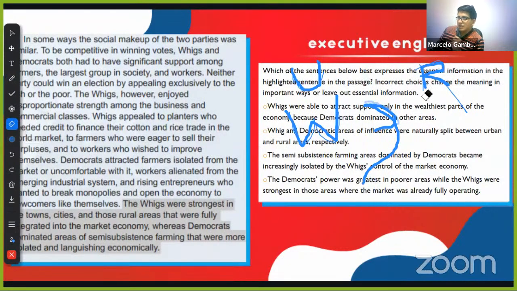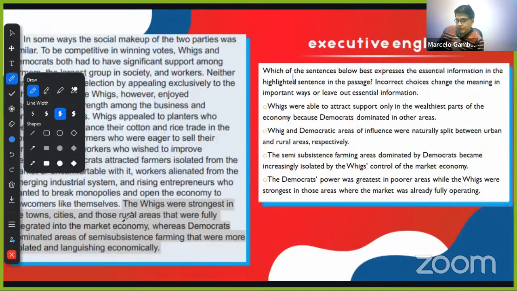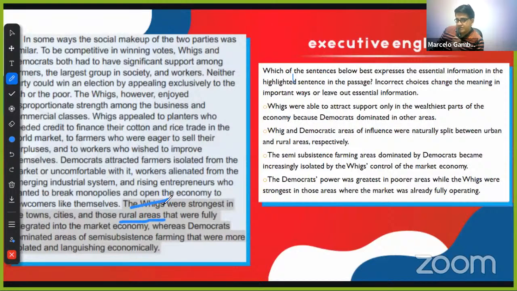Because B says that they were naturally split between urban and rural areas. But as you can see, rural areas are not completely dominated by Democrats, because you have some rural areas that support the Whigs. That's why it is not correct. So that's the answer for why it's not B. Why is it not A?